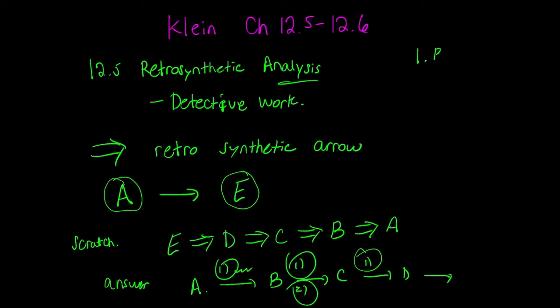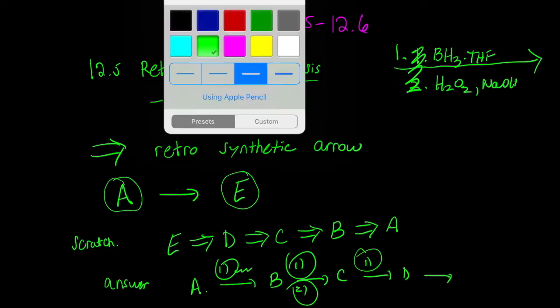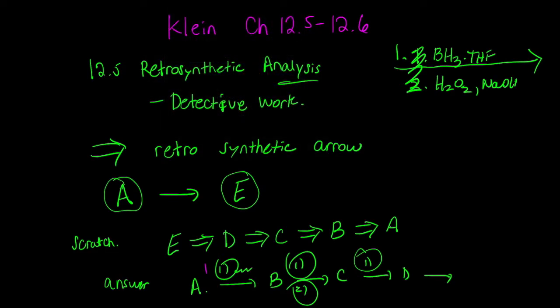If you have a two-step procedure like hydroboration, you do need to have a step 1 and 2 to separate those two steps in a reaction. You just can't say that's all just step 1, okay? If you want to call this step 1, 2, 3, 4, and 5, that's fine.